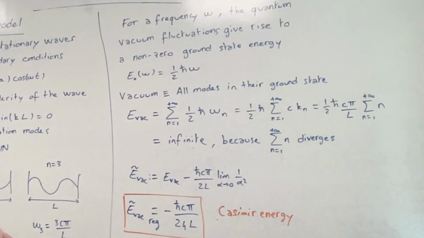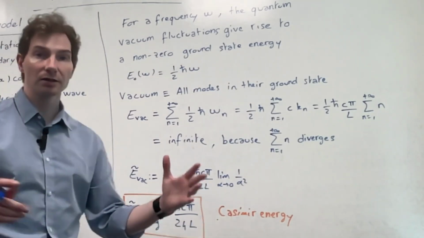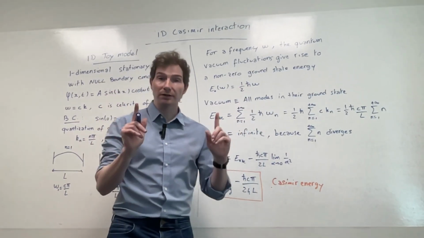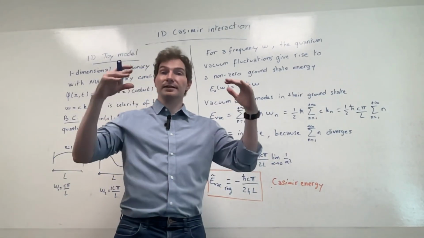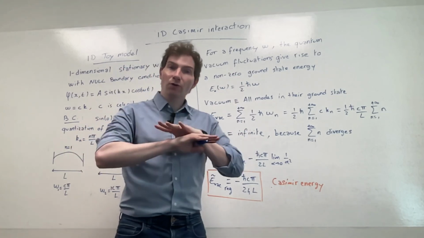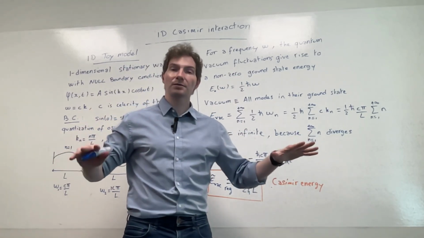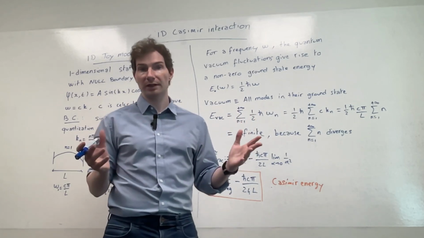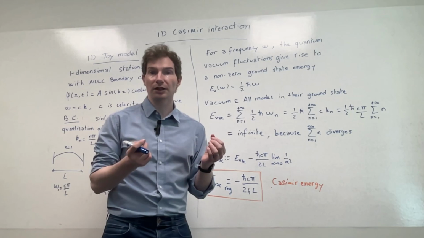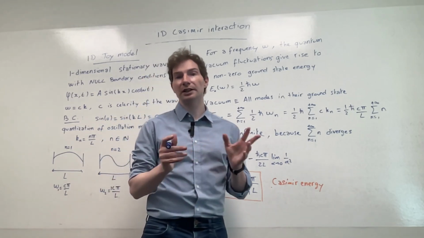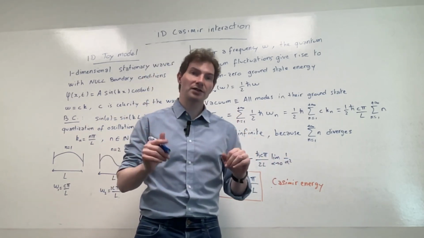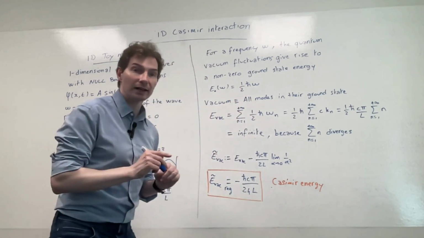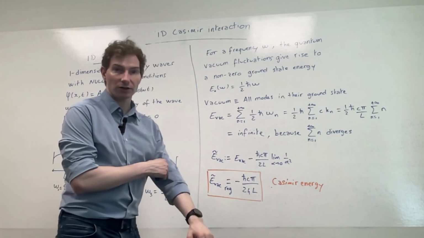This Casimir energy is telling you that if you've got a vacuum, and again, vacuum here is to be understood as the ground state of all possible oscillators in your system, then you're still going to have an interaction between two plates. That's the definition of the vacuum, so we need to be a bit clear. It doesn't mean there is nothing. What it means is that all the oscillators are in their ground state, and in that case, you do get an interaction, which is this one.